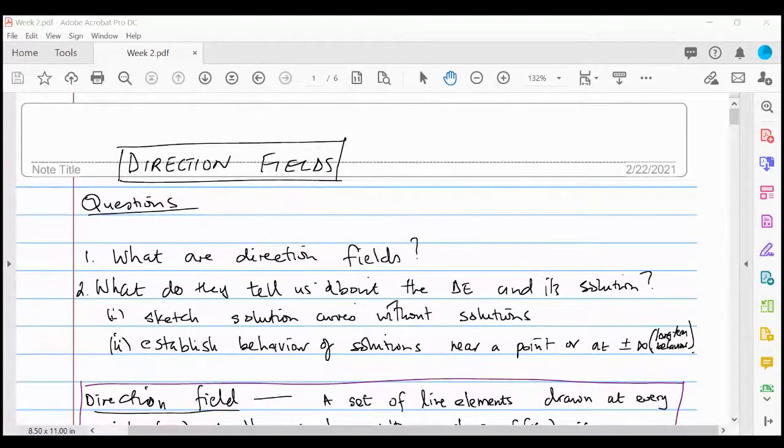We are going to focus on the major points of emphasis for understanding the material this week.